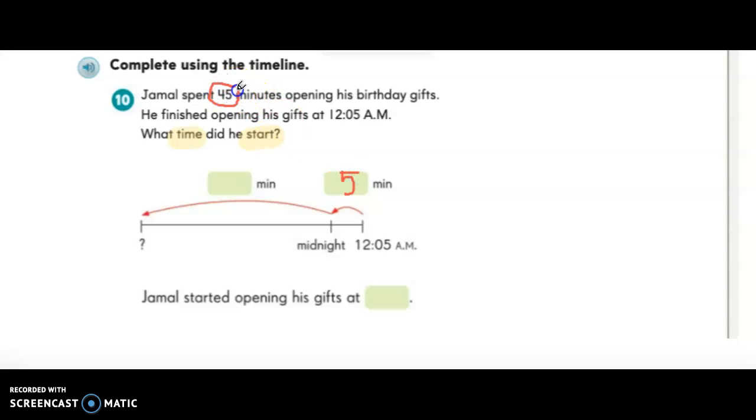Now, we know he went a total of 45 minutes though, so our final jump should be 40 minutes back, and midnight again is 12 a.m. To jump 40 minutes back would bring us to 11:20. And then remember, this is a.m., so we're going back, which would bring us to p.m.